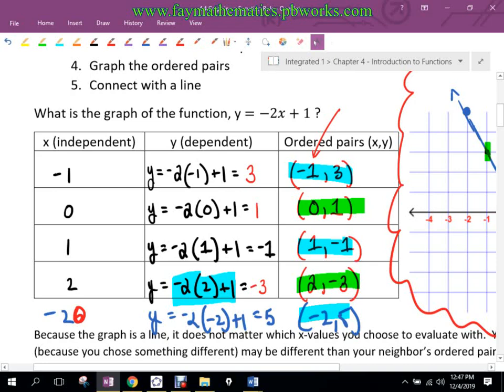The next one will start at -1 and go -1. Maybe it'll jump 0, go to 1, maybe it'll jump 2 and go to 3. So you're not going to see a lot of consistency in what they're choosing here, okay? Because these can be anything that you want them to be. Does that make sense? The X's are independent. Nothing forces them to be something, okay? It's total choice by you. Does that make sense? Okay.